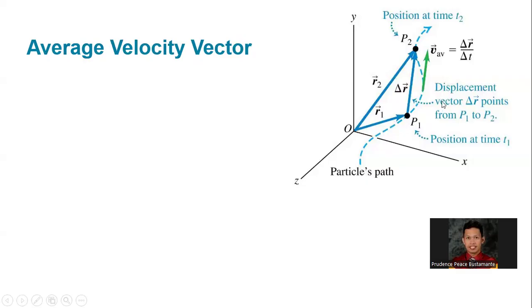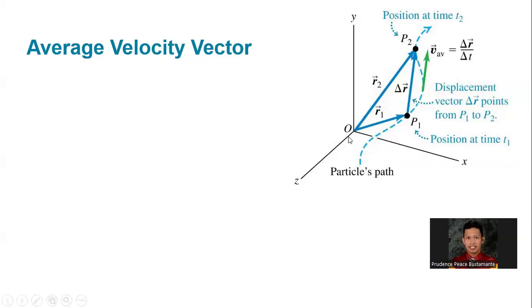Then the displacement vector is equal to delta r, which points from P1 to P2. So from P1 to P2, this is the vector displacement. So we are now describing displacement in terms of a vector quantity, a vector concept.